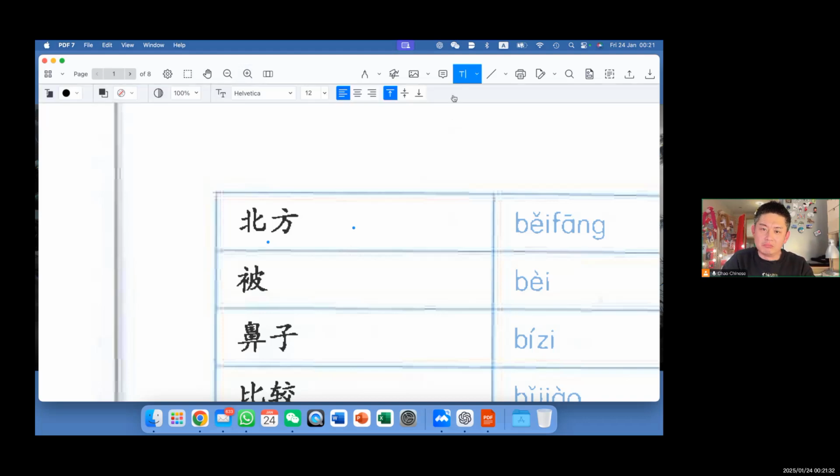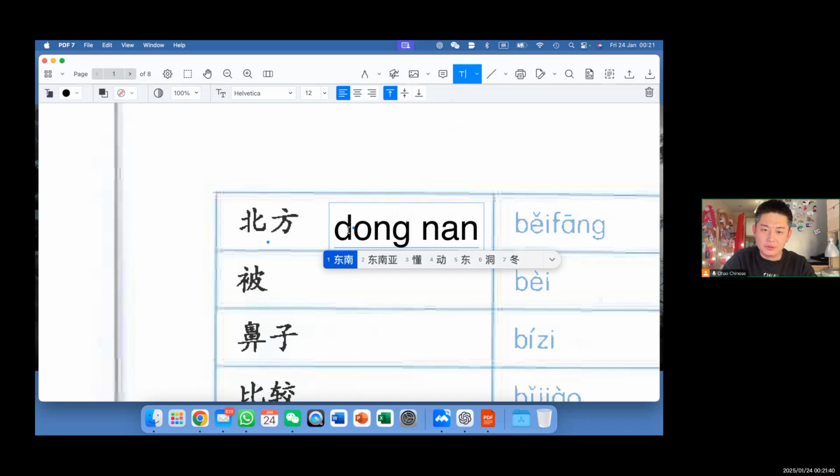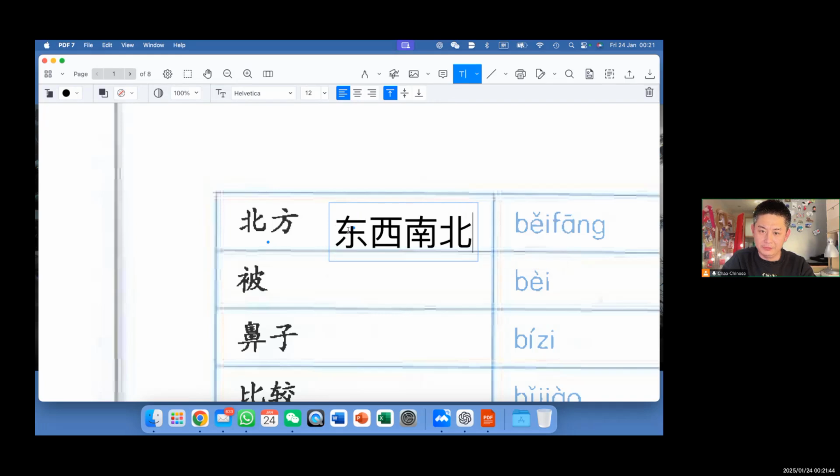There are, let's see, 东南 or 东西南北, right? East, west, south, and north. Then you have a middle. Then you have a set of mahjong tiles. 中 is the middle, of course. 东西南北中.